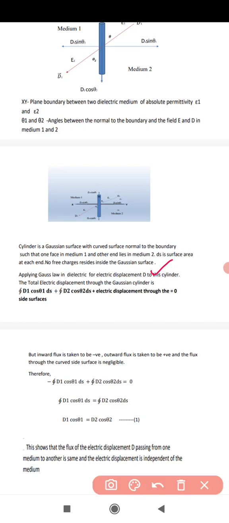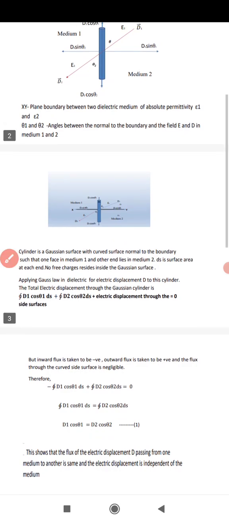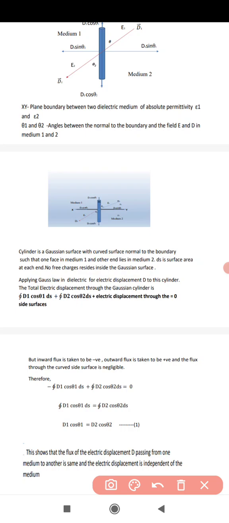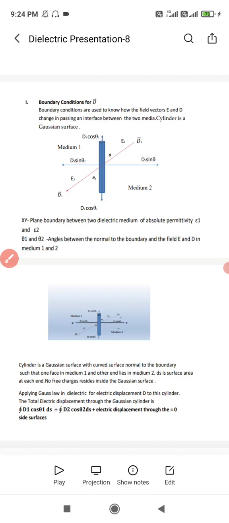Applying Gauss law in the dielectric medium for the displacement vector D, the total electric displacement through the Gaussian cylinder is written as the surface integral of the flux of the displacement vector D1 cos theta 1 and the surface integral of D2 cos theta 2 into ds, plus the electric displacement through the side surface, equal to 0.